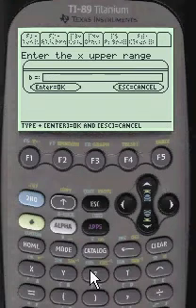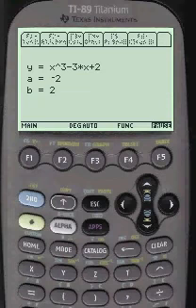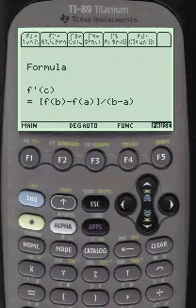There's minus 2, and then we're going to press alpha for 2. I can always show you what you've entered, so you can change it in case you made a mistake. It looks pretty good to me, so we're going to continue.